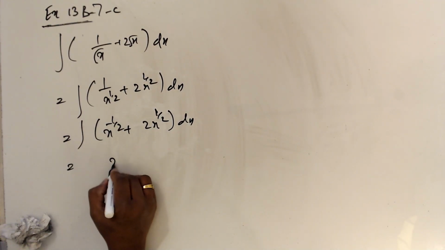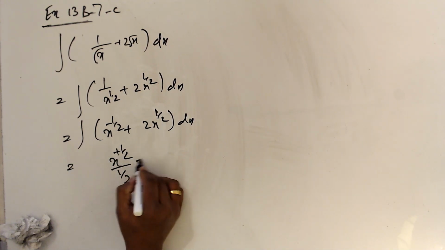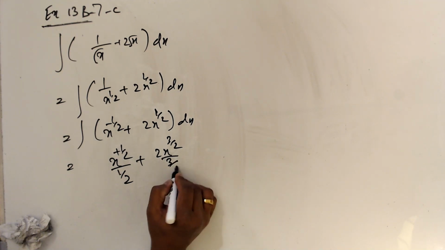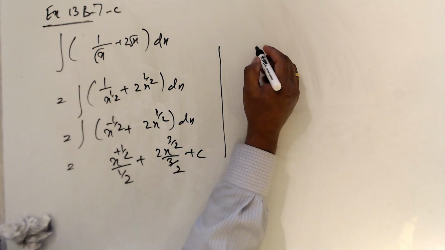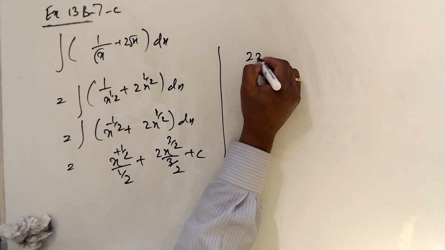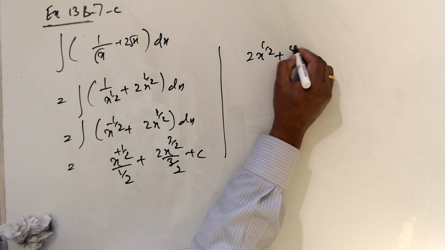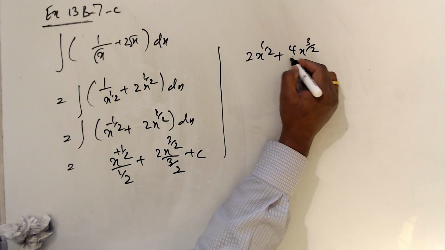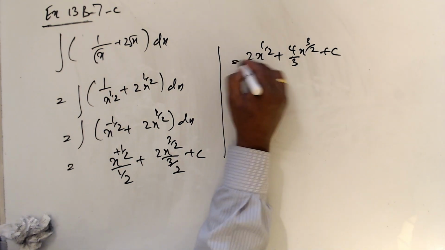So this is x^(-1/2+1) over 1/2 plus 2x^3/2 over 3/2 plus c. So the answer is going to be 2x^1/2 plus 4x^3/2 over 3 plus c.